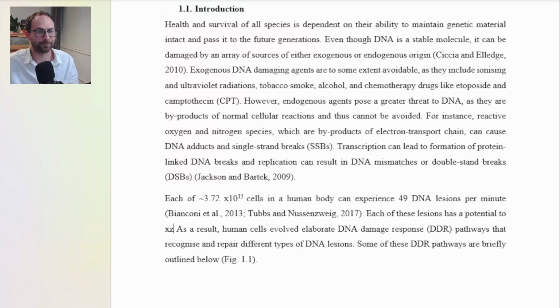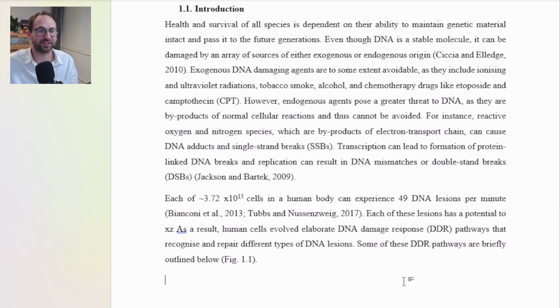And this is what I was really talking about. And here you can see now, as a result, human cells evolved elaborate DNA damage response pathways that recognize and repair different types of DNA lesions, DNA mutations. And now I have a little segue to the next section.